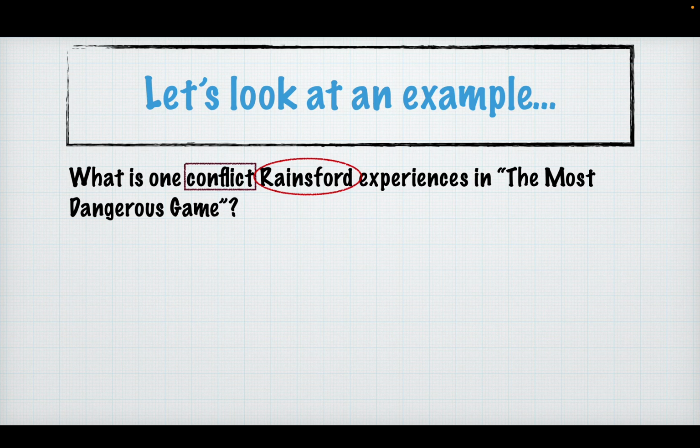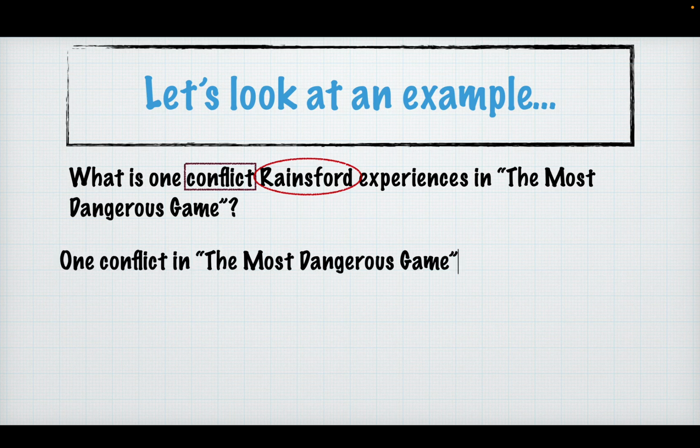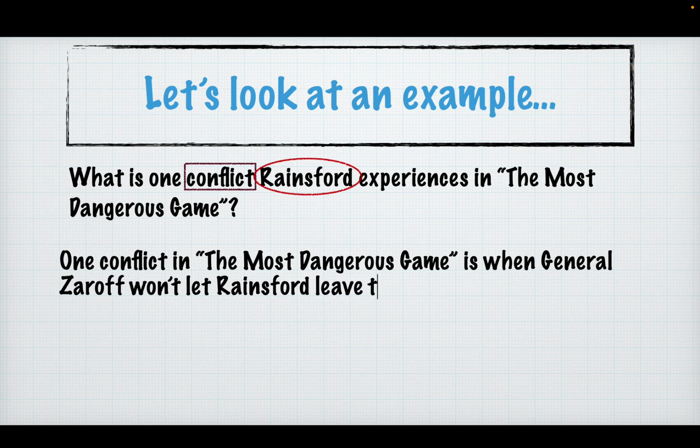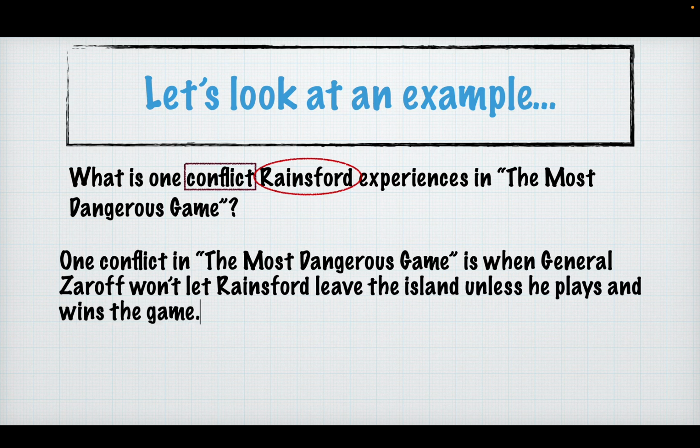So my claim for this, I'm going to use the prompt as the beginning of my answer. So I'm going to say, one conflict in The Most Dangerous Game is when General Zaroff won't let Rainsford leave the island unless he plays and wins the game.